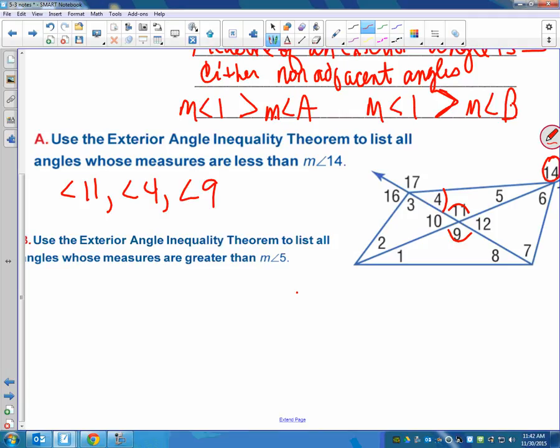What else did someone say? Well, it is corresponding, but they're not marked parallel, so you can't say that, because corresponding angles require parallel lines. You can't say that. I know that, right?